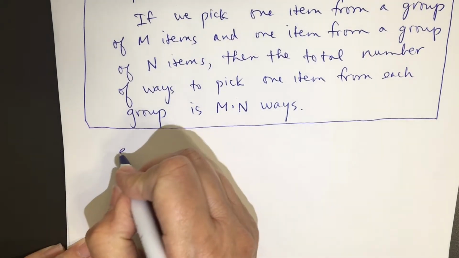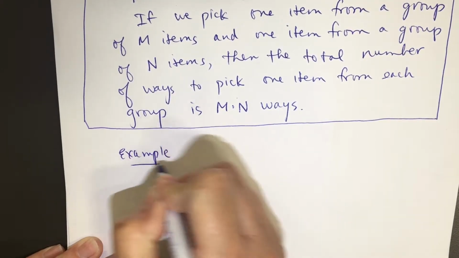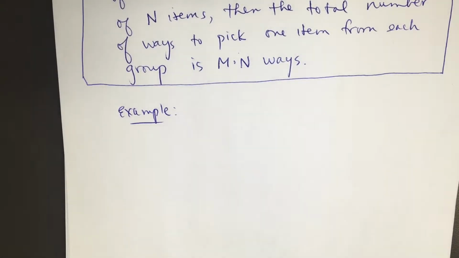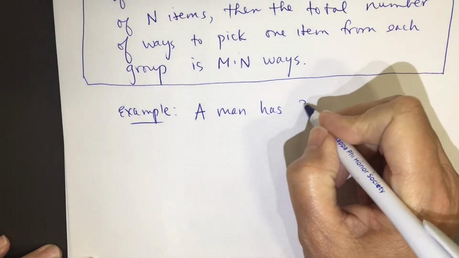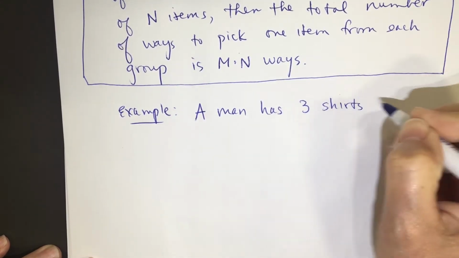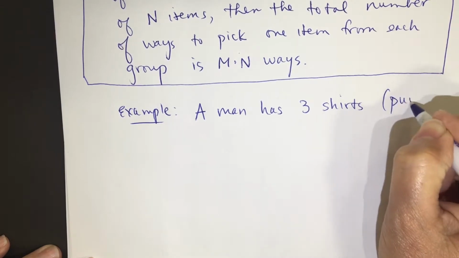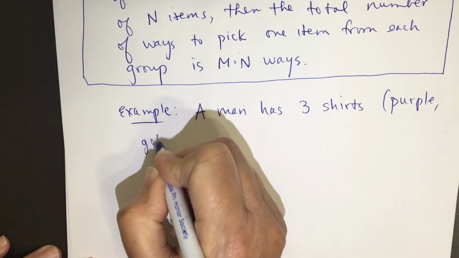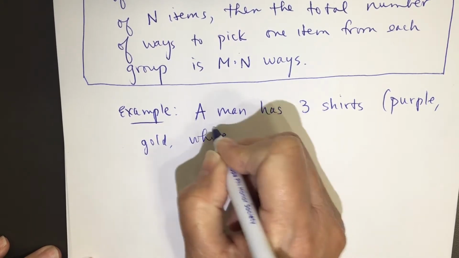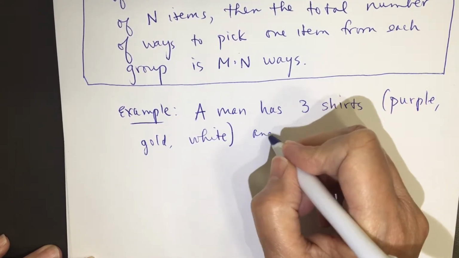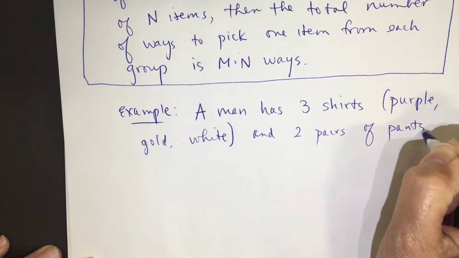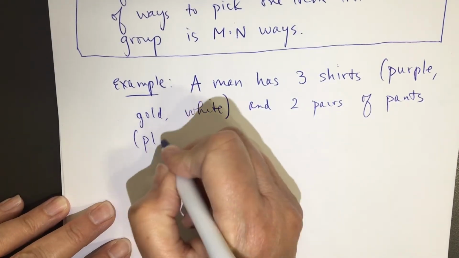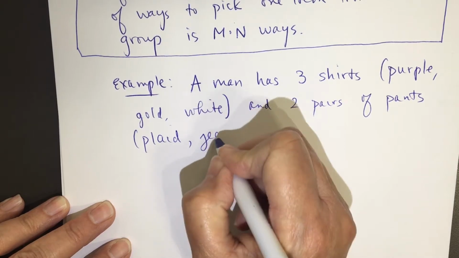Here's an example. This one I'm going to work two different ways for you. A man has 3 shirts, and they are purple, gold, and white, and 2 pairs of pants, a plaid pair and a pair of jeans.